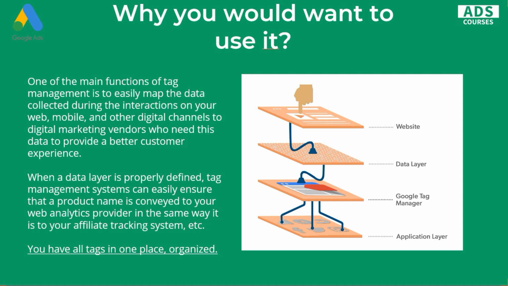And when data layer is properly defined, a tag management system can easily ensure that, for example, product name is conveyed to your web analytics provider in the same way as it is to your affiliate tracking system, and so on. But in general, using a TMS is good because you have all of your tags in one place, organized. And Google Tag Manager is a good example of a very good TMS.